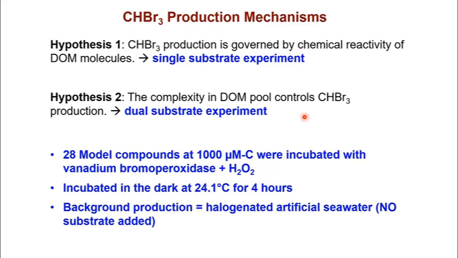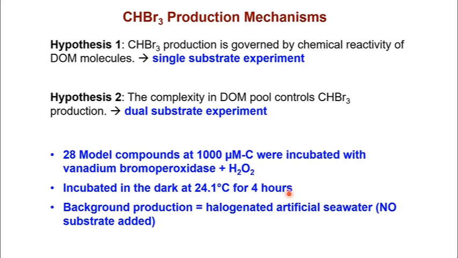So 1,000 micromole carbon was incubated with vanadium bromoperoxidase, the marine version of the haloperoxidase, activated with H2O2 in place of superoxide. It was incubated in the dark so that we don't have any light interference from photolysis and other things, for 4 hours. The reason to choose 4 hours is because this is believed to be a really fast reaction.